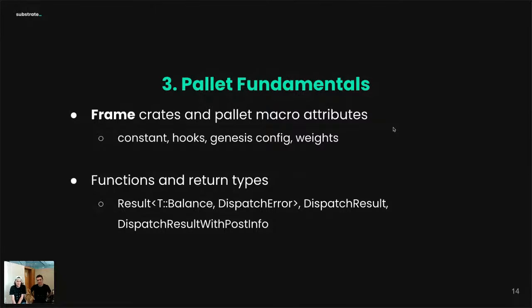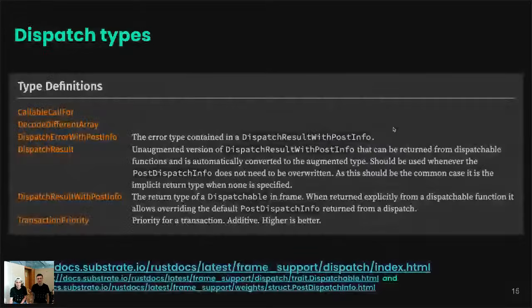The functions and return types was the last piece: what does a function typically return? Well, it'll either be a Result or this concept of DispatchResultWithPostInfo. I actually have a slide on this. I hope it's not too aggressive for your eyes. It's kind of weird looking on the screen, but if you have a doubt on what DispatchResultWithPostInfo is, just check the Rust docs.